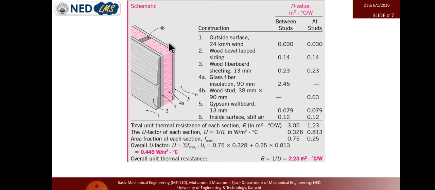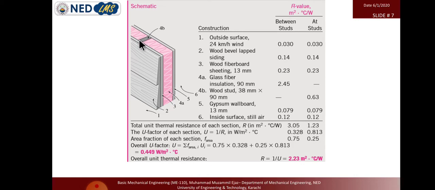Then again wood stud. The wood stud will not come over here. The heat transfer through the wood stud is over here. So when we write the wood stud, there will be no R value of glass fiber. And when we talk about the glass fiber, we will not take the resistance value of the wood stud, because we are calculating two heat transfers.